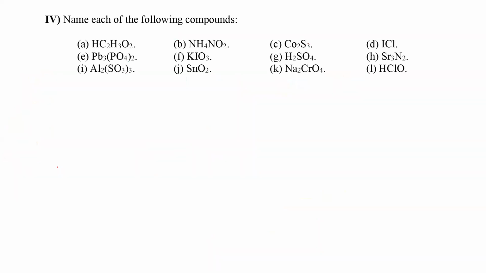If you look at exercise number 4, we have to name each of the following compounds. So let's start with A. First, we need to determine if it's molecular or ionic. The first one has H, C2H3O2, and this part is an anion from your table that you should know.